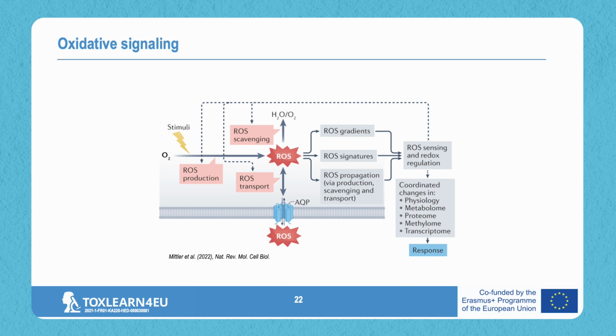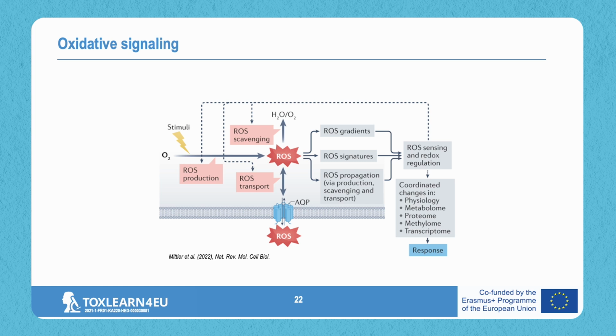Besides the oxidative damage, we also have oxidative signaling. And this signaling really depends on the ROS, which are central in this system. Where are ROS produced, how can ROS be transported, are they transported, and how much can be scavenged.